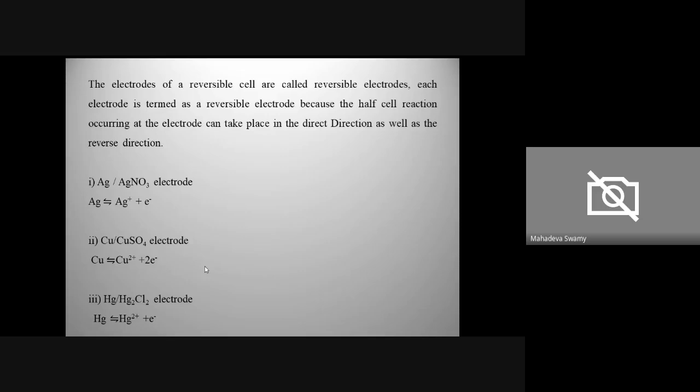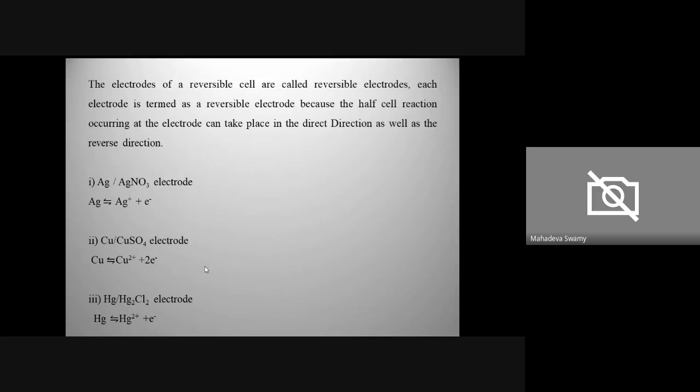Just check one by one the electrode process or electrode reaction, what happened. The definition again: each electrode is termed a reversible electrode because the cell reaction occurring at the electrode can take place in the direct direction as well as the reverse direction.